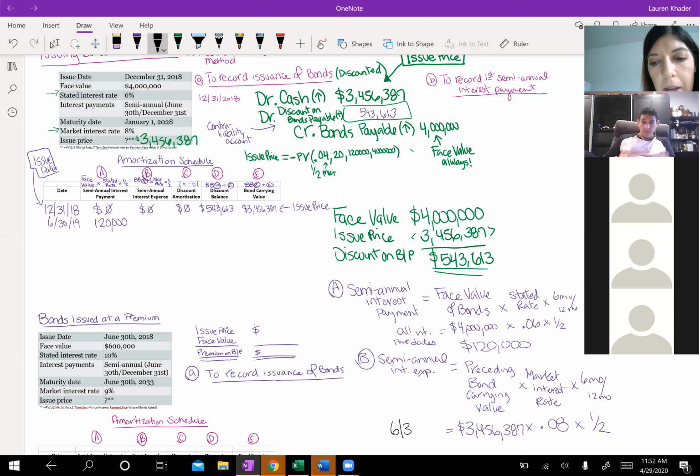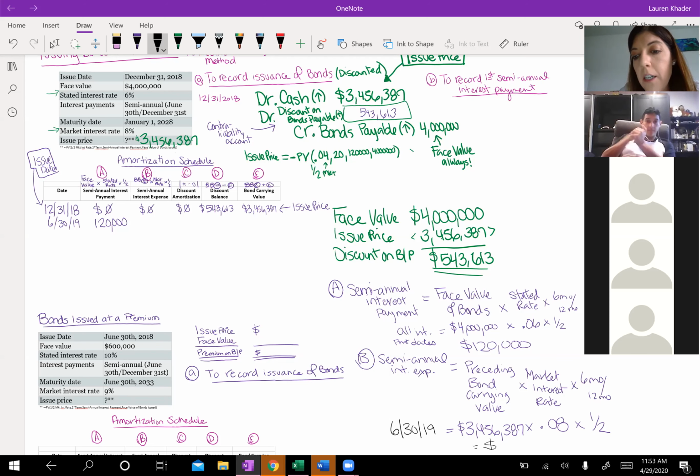So we know that our bond carrying value is going to be increasing slowly as we reach towards maturity, because that discount is slowly going to be decreasing. So over time, we're going to slowly be expensing more and more in interest as we amortize that discount and we include that interest expense, the interest paid.